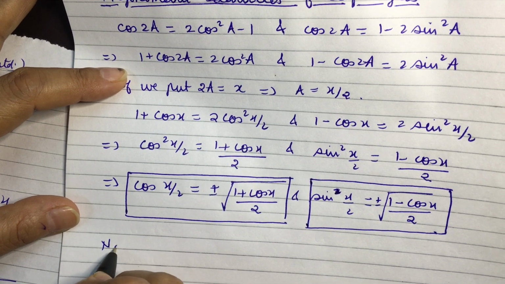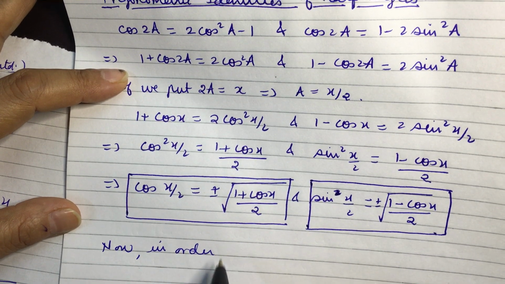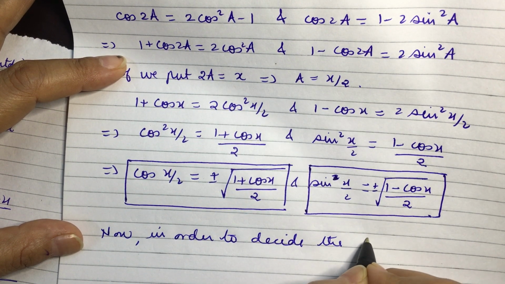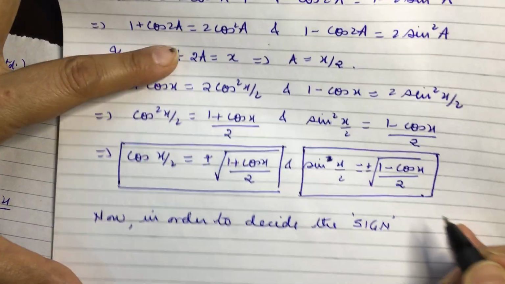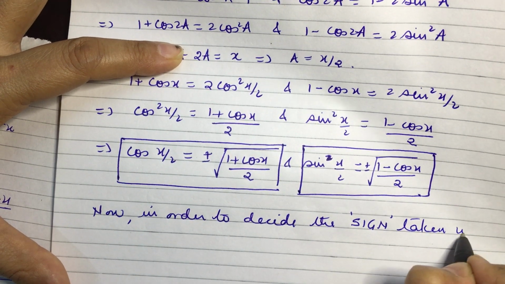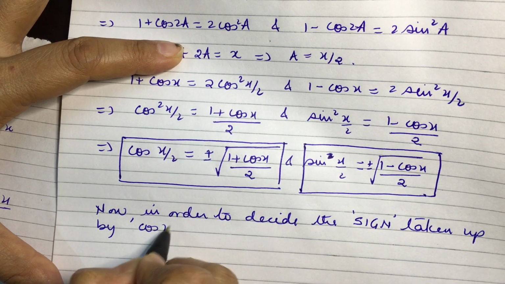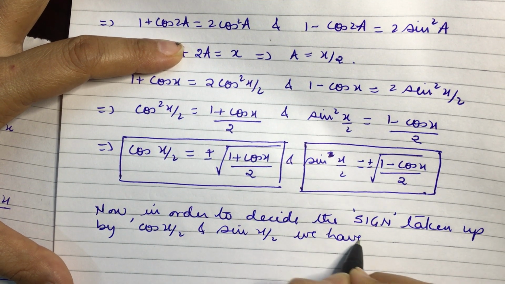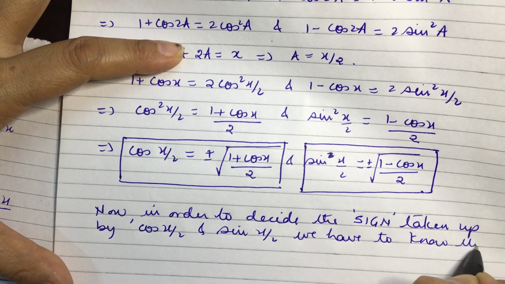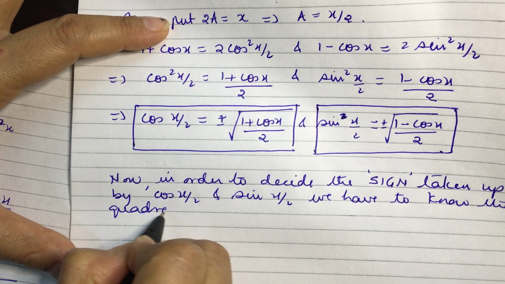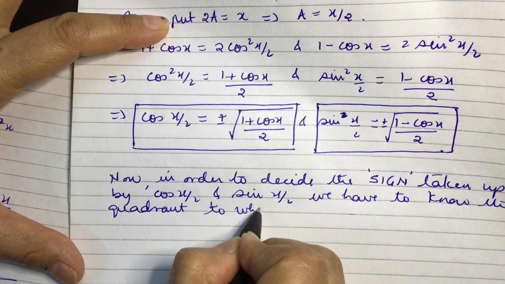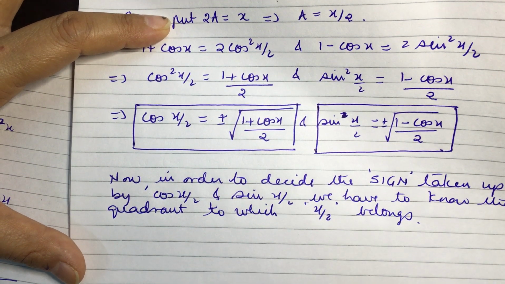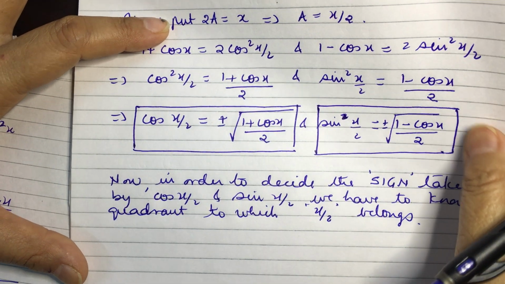Now in order to decide the sign taken up by cos x by 2 and sin x by 2, we have to know the quadrant to which x by 2 belongs.